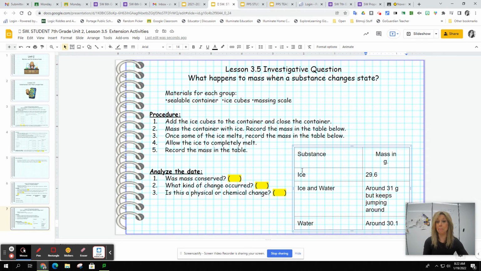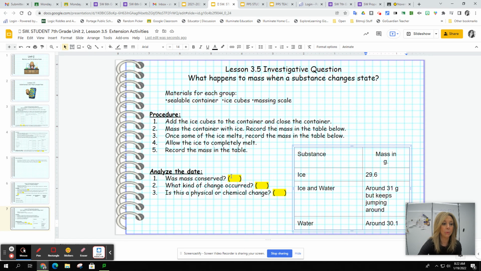Now, does that mean mass is conserved? Do you average to see if mass is conserved? No, you don't. I mean, that's going to give you an inaccurate picture. But because we saw the scale go up and down in the middle there, and molecules moving as it's melting, staying right around 30 is probably a pretty good estimate of the mass, whether it was ice, ice and liquid, and then liquid.